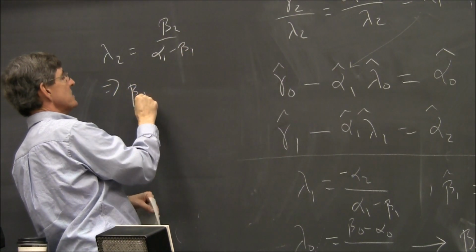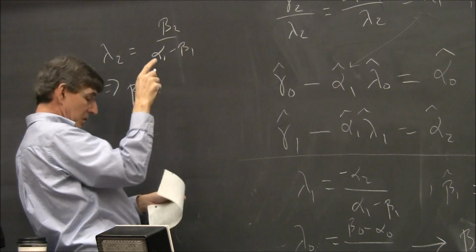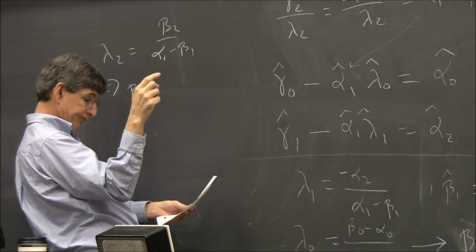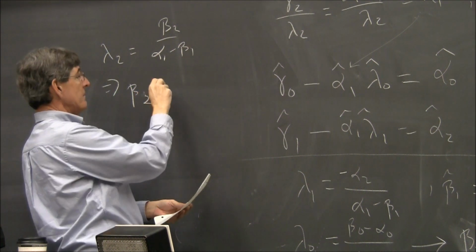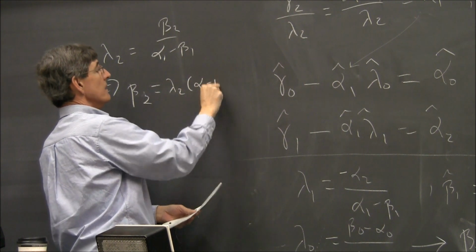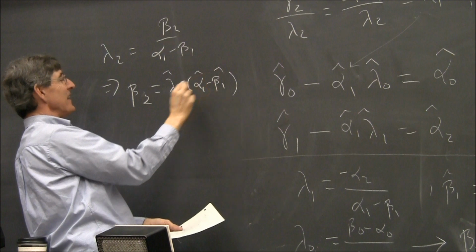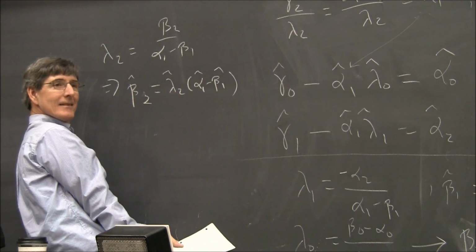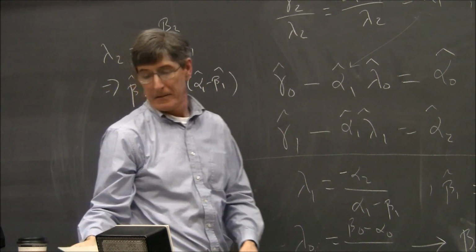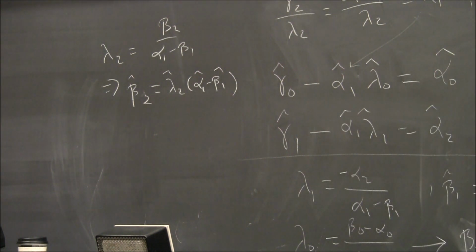That tells us that beta 2 is equal to lambda 2 times alpha 1 minus beta 1. We know that, we know that, we know that, so we know that. So after all that, we discover that the model is exactly identified.